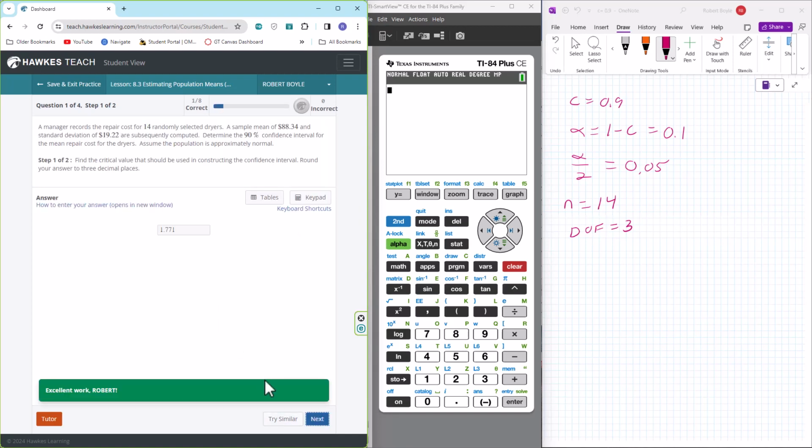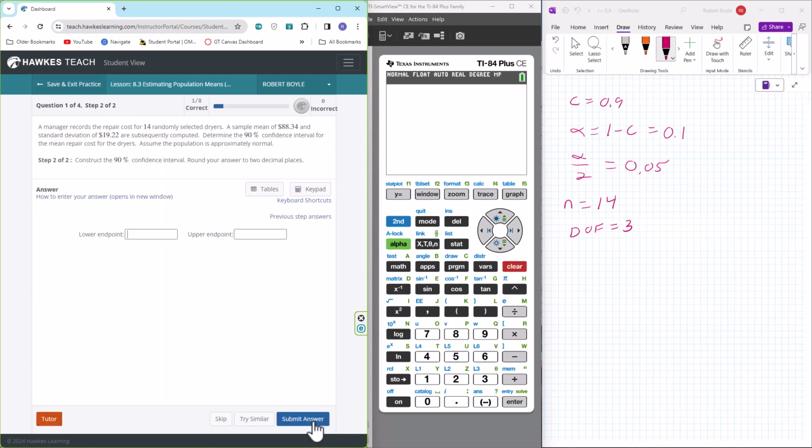Now, the next part is to compute the 90% confidence interval. To do that, we need to figure out what E is. E is going to be equal to our critical value, which we just figured out, times our sample standard deviation divided by the square root of n.